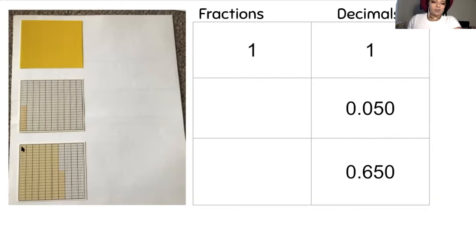Then at the bottom you have 1, 2, 3, 4, 5, 6. So you know that's 6 tenths or 600 thousandths.